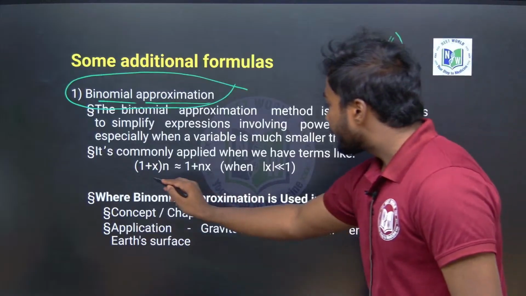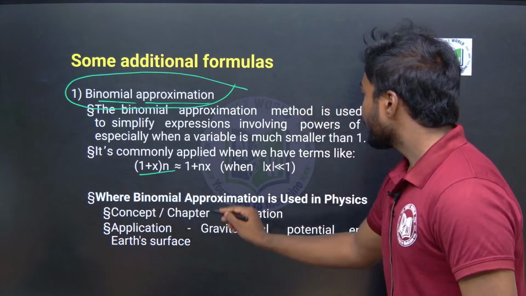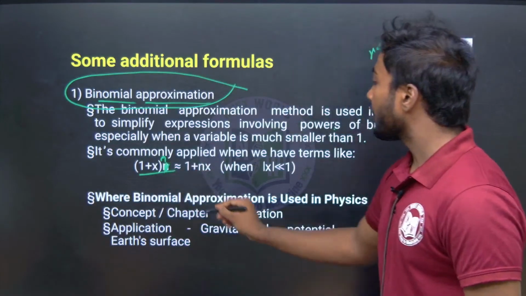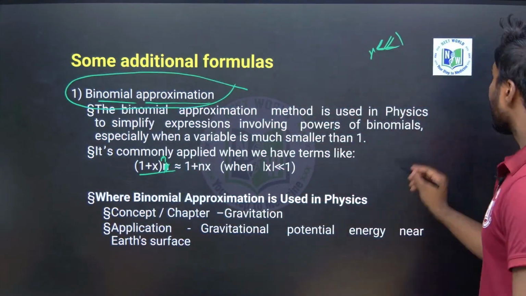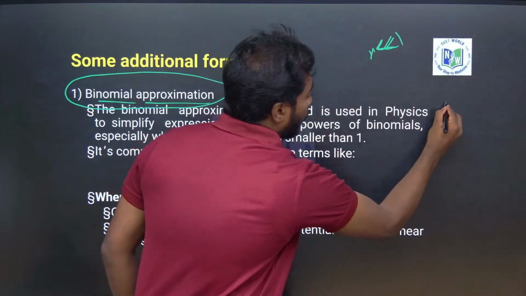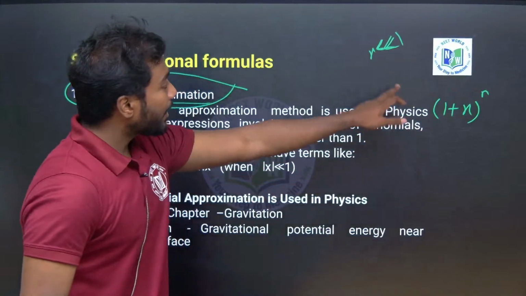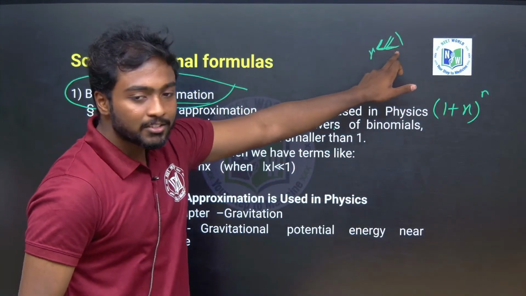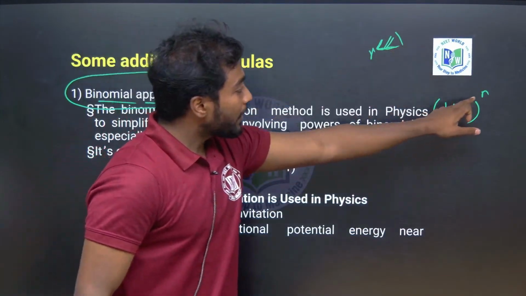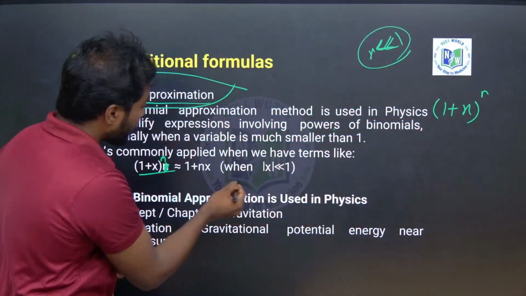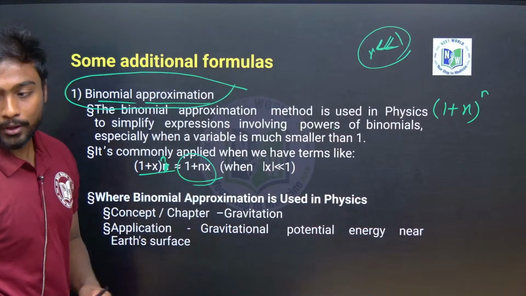For example, this is 1 plus x power n. I will write it here, 1 plus x power n, where x is much smaller than 1. If I use this condition, I can write this as 1 plus n into x.